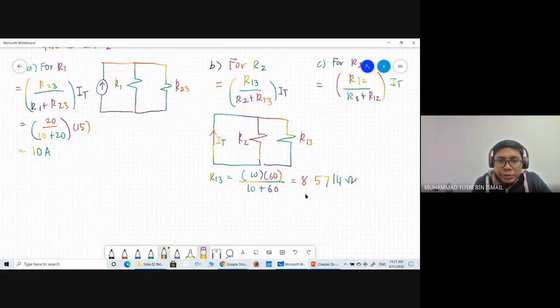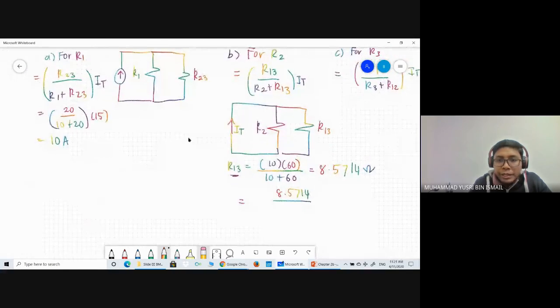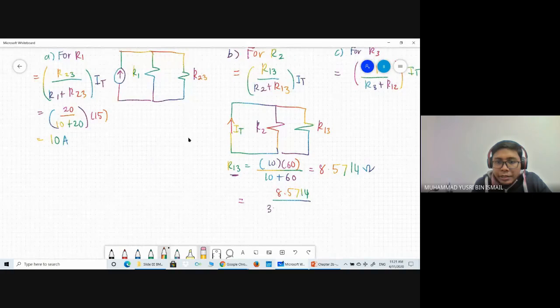Now substitute R13 into this formula. You will have 8.5714 divided by R2, and R2 is 30, so 30 plus 8.5714, times I total, which is 15 ampere.